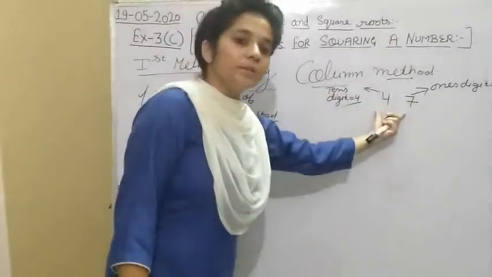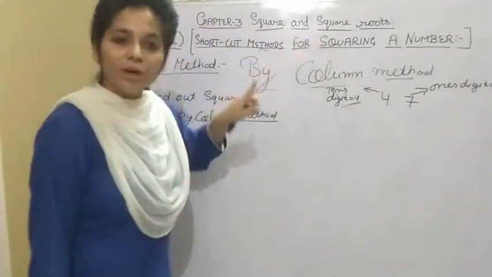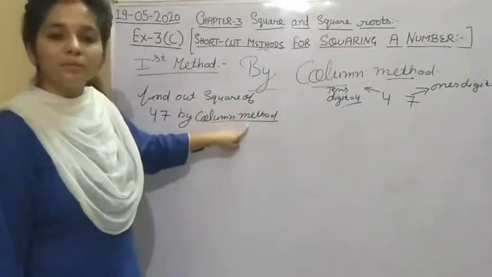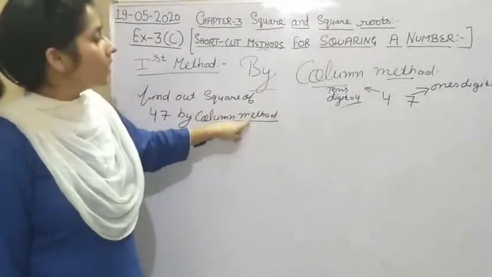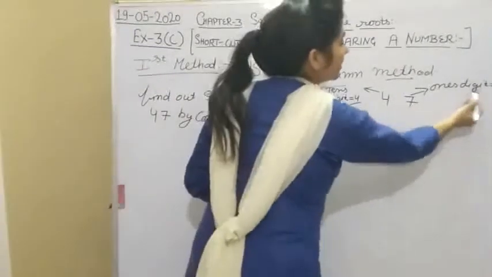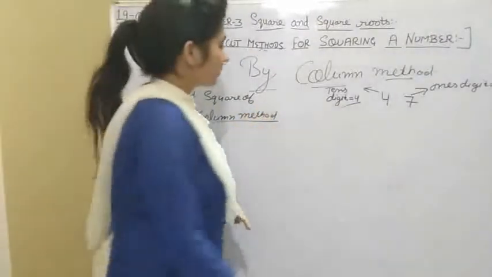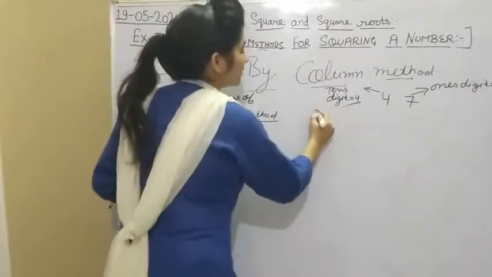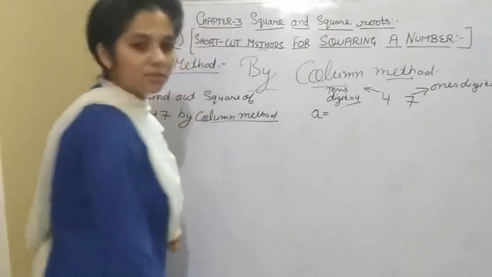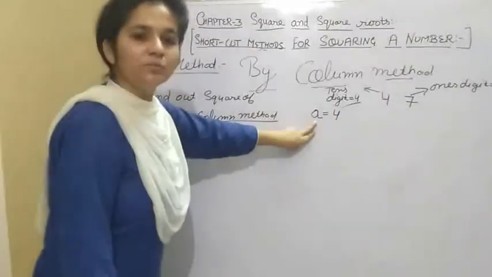You have a two-digit number 47 and you have to find the square of 47 by column method. Your ones digit is 7 and tens digit is 4. Take the value of the tens digit equal to a, and the value of a is 4.